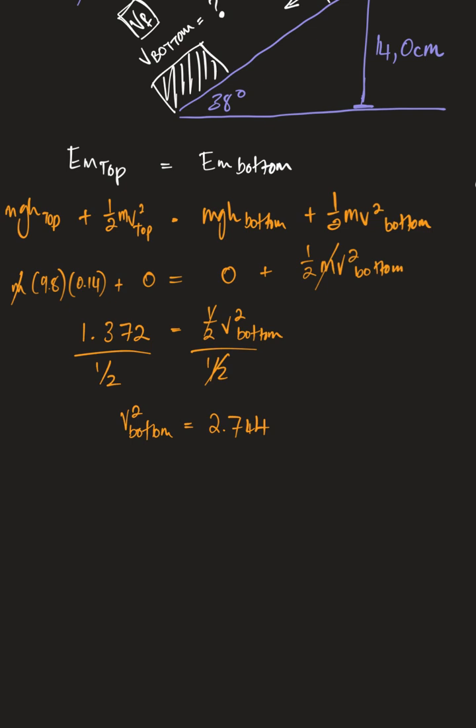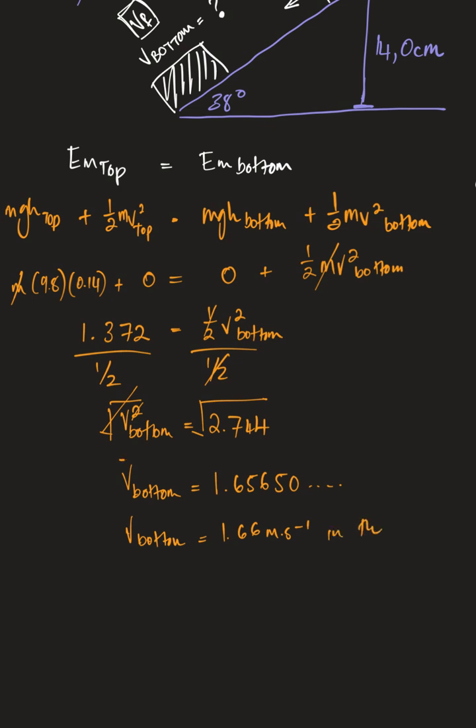But I don't want v squared, I just want v at the bottom, so I'm going to square root both sides. That cancels the square, so v at the bottom is equal to the square root of 2.744, which gives me 1.65650, etc. I must round off to 2 decimal places, so v at the bottom is equal to 1.66 meters per second.